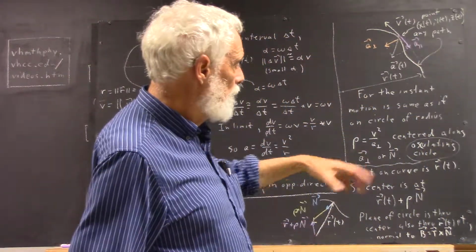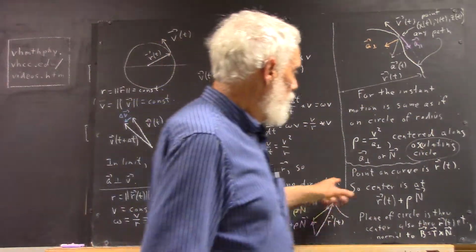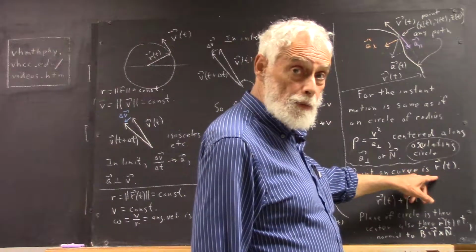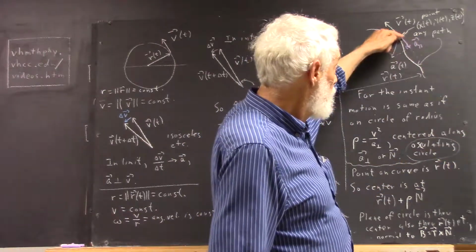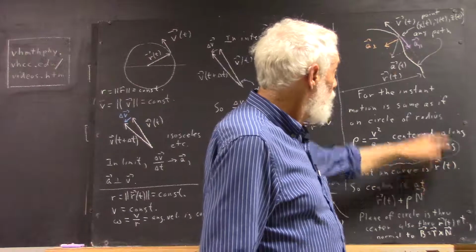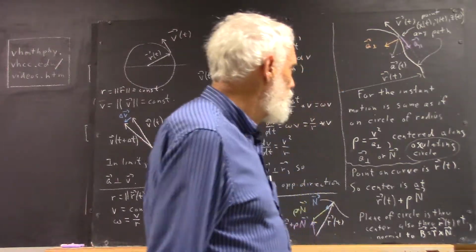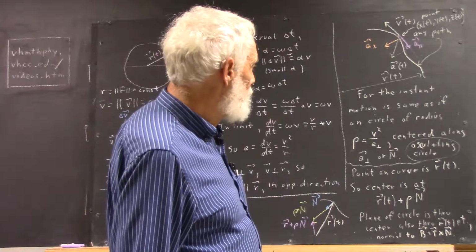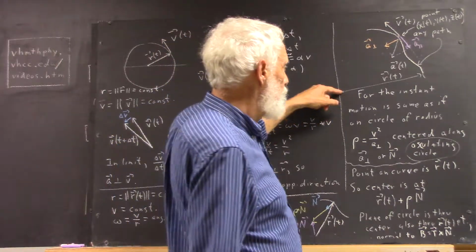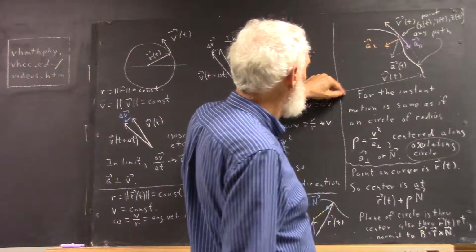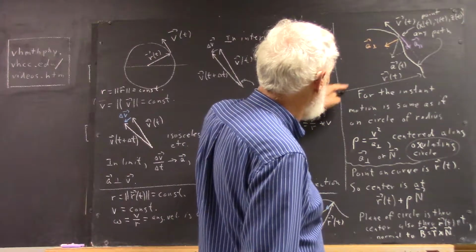Okay, let's clarify a couple of things now. The point on your curve is identified with r of t, whatever your t is that puts you here. That's the point on the curve. So, the center is where? Here's your origin. Your r of t vector would be from here to here.